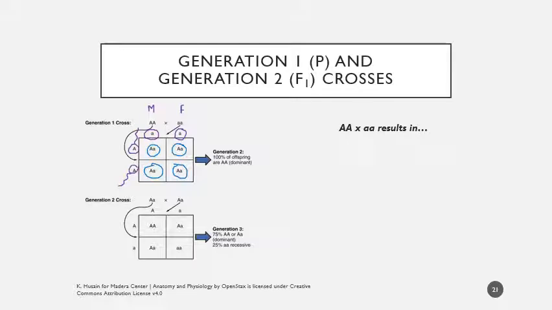So a cross between homozygous dominant and homozygous recessive results in all heterozygotes. And if this is a case of simple dominance, they're all going to express that dominant allele and have that dominant phenotype. So it results in a 4-to-0 phenotype ratio. There are 4 individuals that have the dominant trait being expressed and none that have the recessive trait.